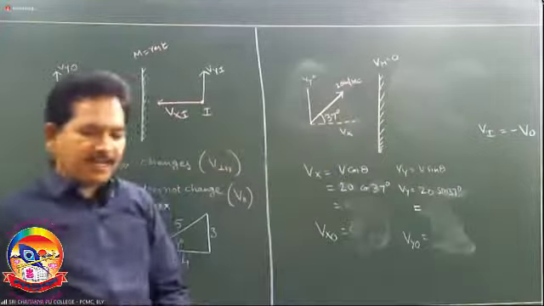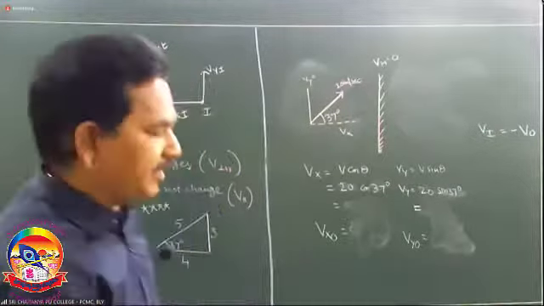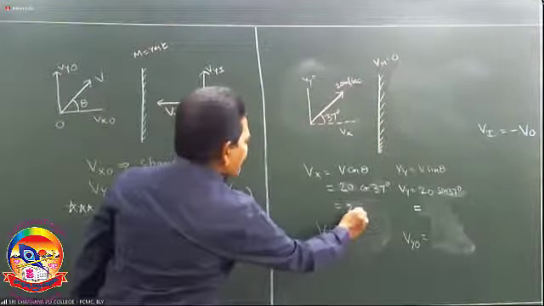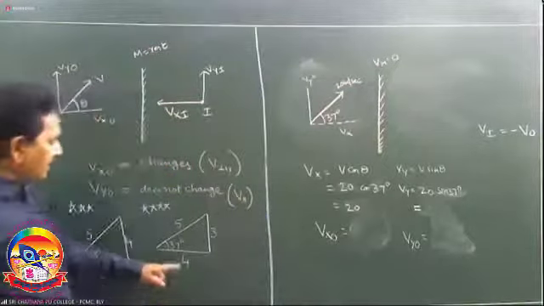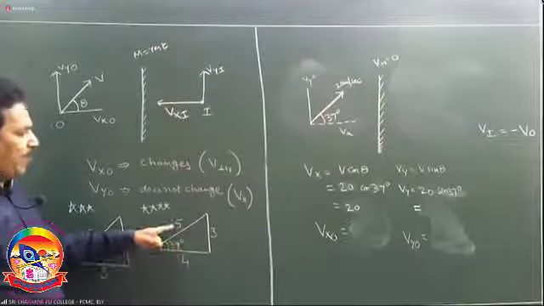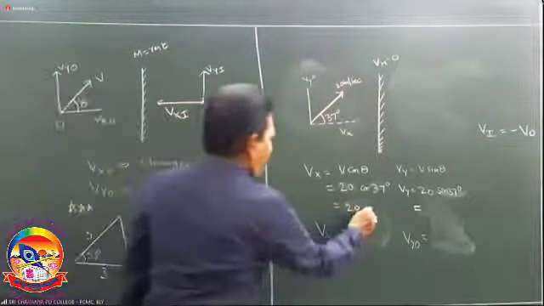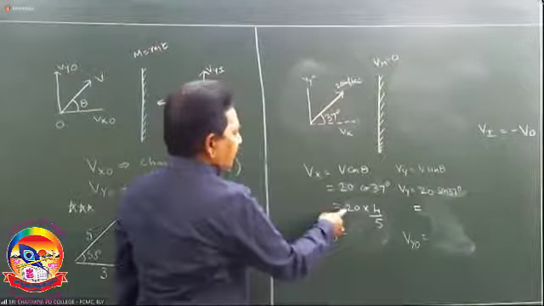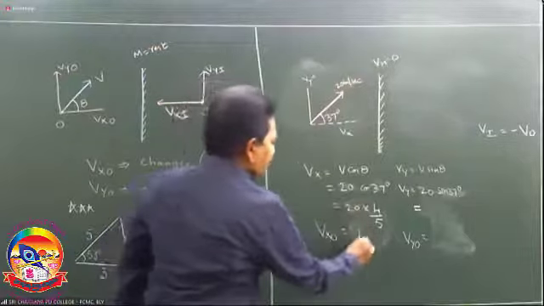In competitive examinations, we should not say that we don't know the angle. Cos 37, 20 as it is, cos 37 is 4 by 5, so 4 into 4 is 16.